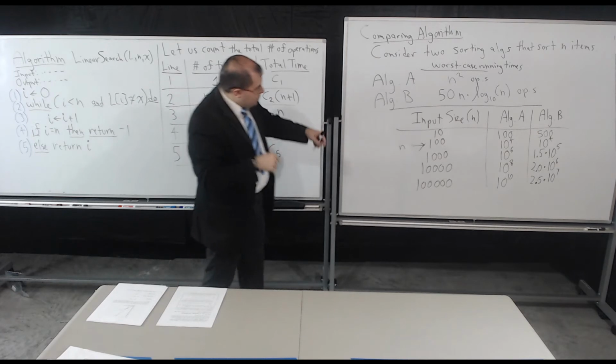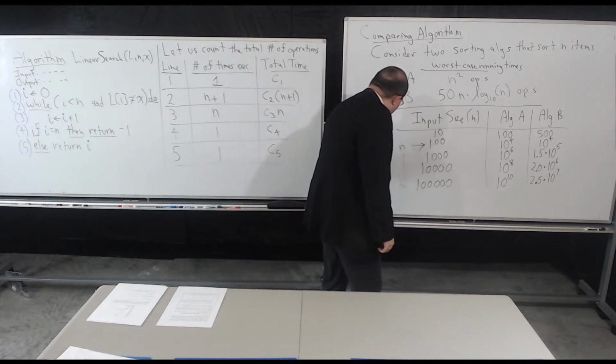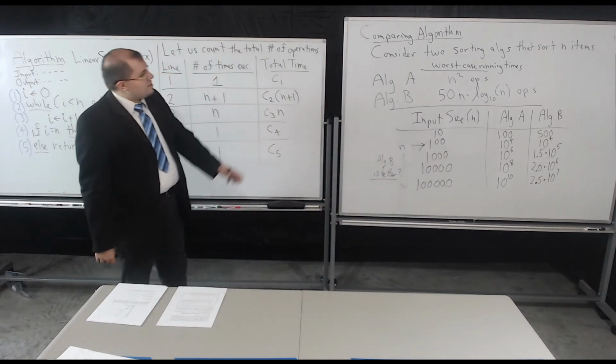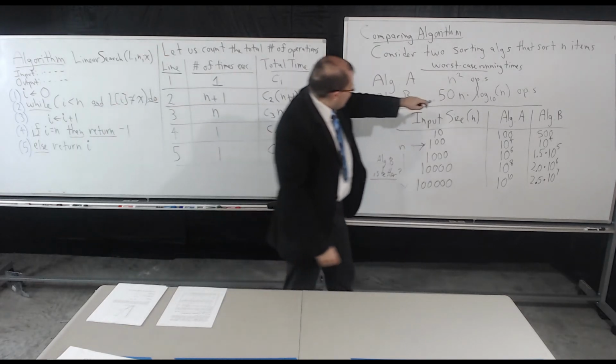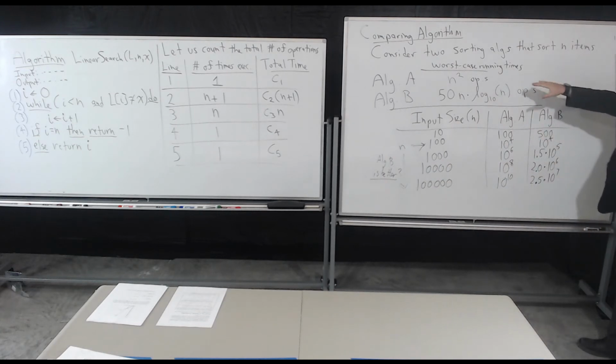But notice after this, algorithm B seems to be better, right? It's because you'll notice that n squared there, and this function over here, which is roughly log linear. These two are different functions, right? But you'll notice that up to some point n, you'll start to see the trade-off occur for a sufficiently large n.